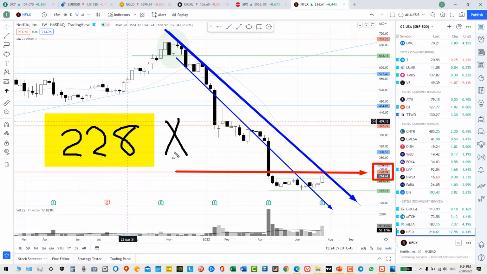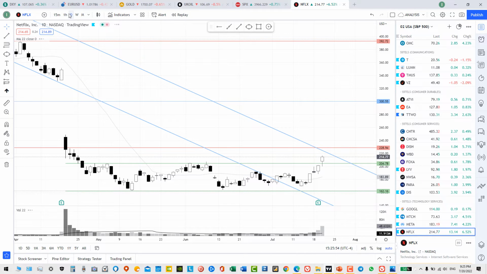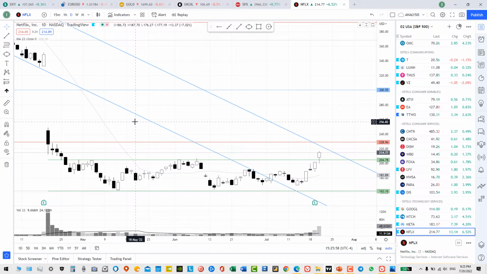So what is the story behind this relatively attractive volume, maybe a little above average, and this weak action? This will require checking the daily chart for the short-term details. Here we can see a lot of very important details.